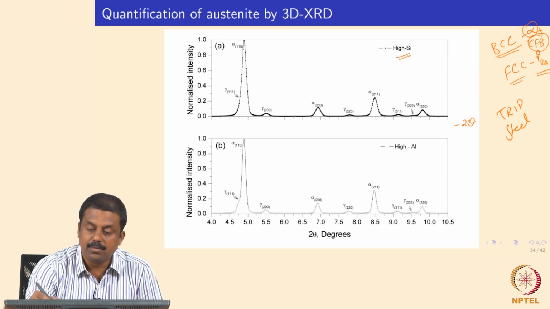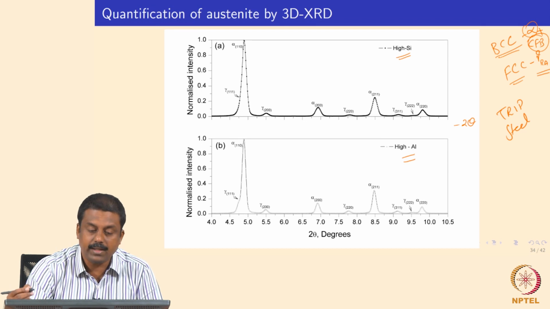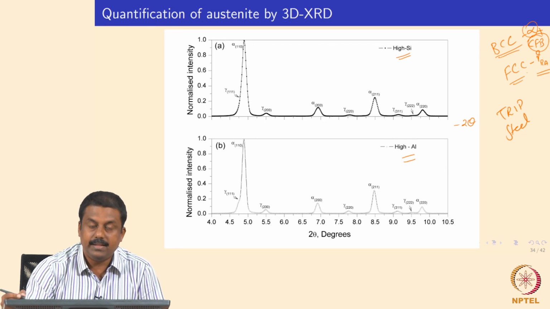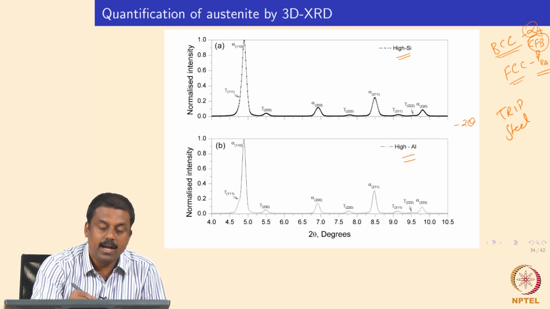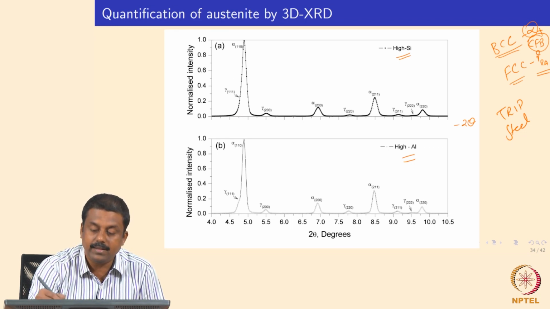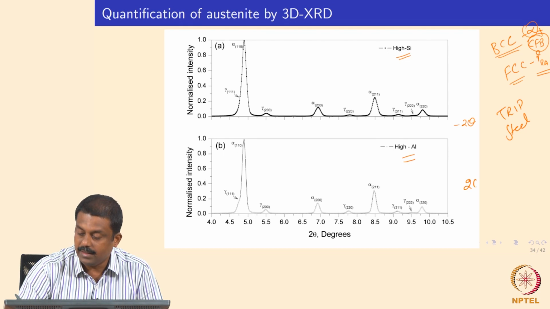For example, I put two diffraction patterns of high silicon and high aluminum TRIP steels, which contain mixtures of ferrite and retained austenite, BCC and FCC. They would give you diffraction peaks at individual 2 theta values, and the planes of FCC and BCC would diffract when they satisfy Bragg's condition, which is 2d sin theta equals n lambda.